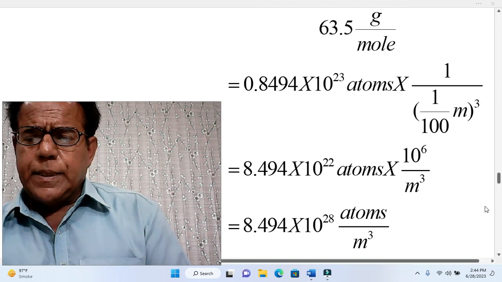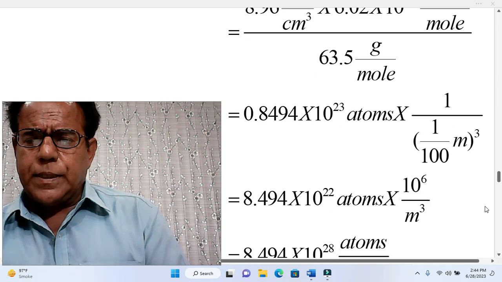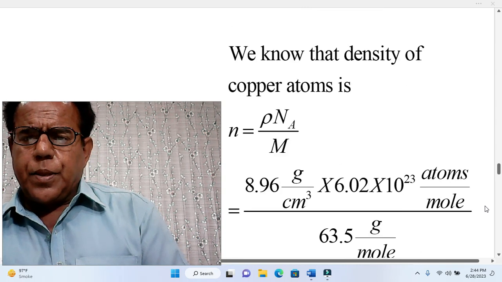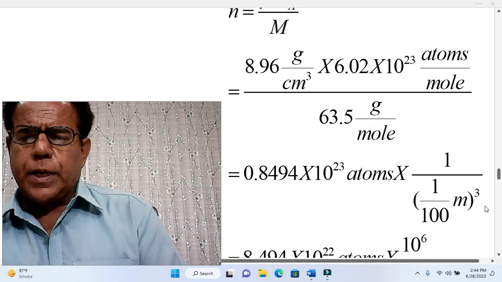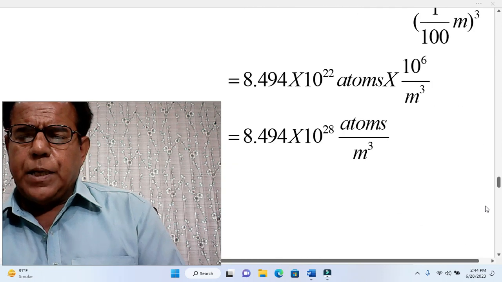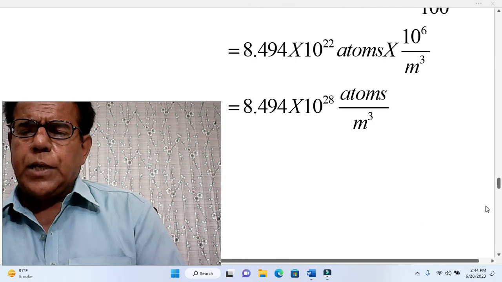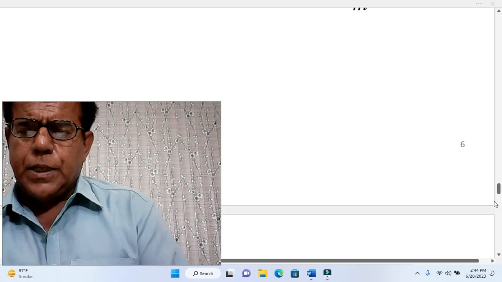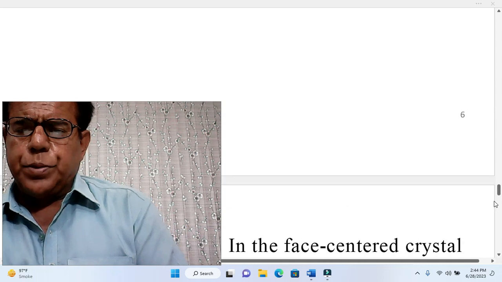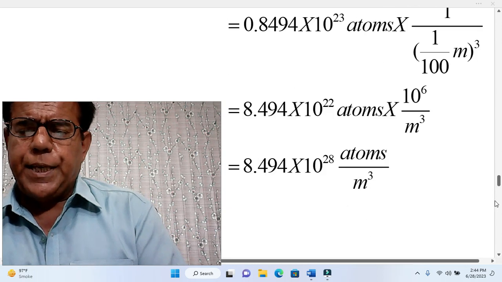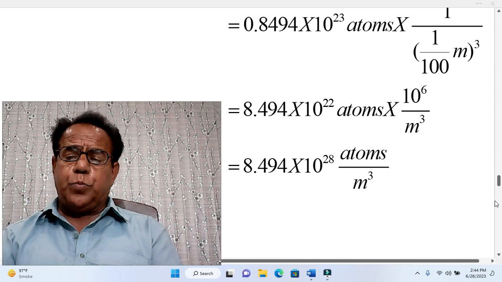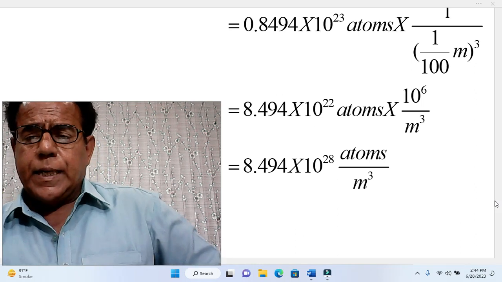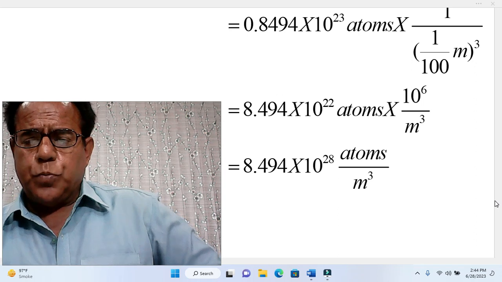After simplification, the density of copper atoms N becomes 8.494 times 10 to the power 28 atoms per meter cube.